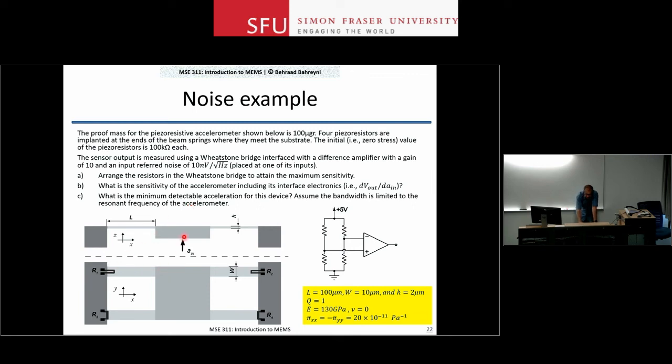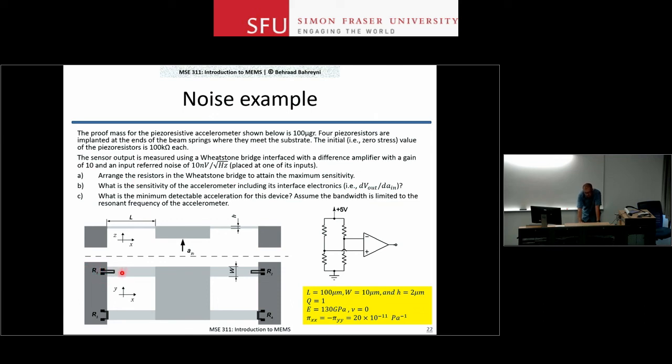And when it moves up and down in Z direction, it produces a stress at the corners where these beams are connected to the substrate. If I put my piezoresistors here at that base, I'll get a change in resistance proportional to that stress, which I can relate to the displacements of the proof mass and therefore the acceleration. So that's how it works. So the first part of the question, what I have here is that I have the resistor values.